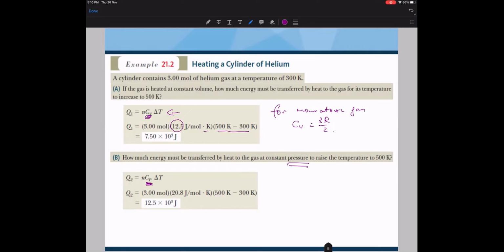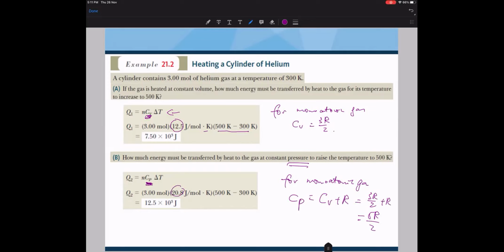And for the monoatomic gas, Cp is equal to Cv plus R. That is equal to 3R over 2 plus R, and that is 5R divided by 2. So you see it's 20.8.